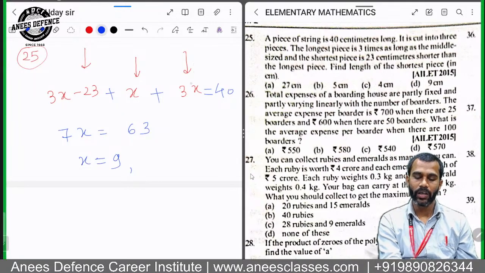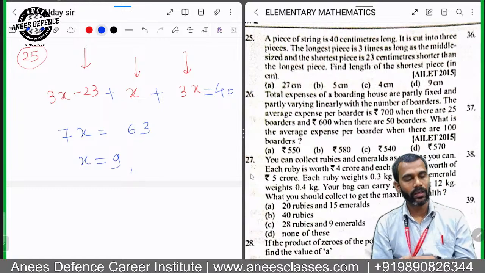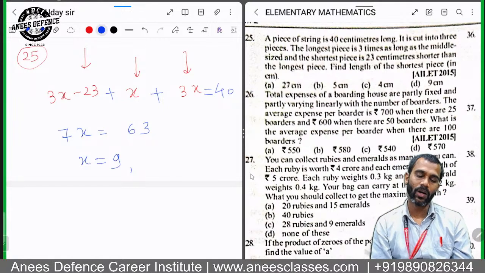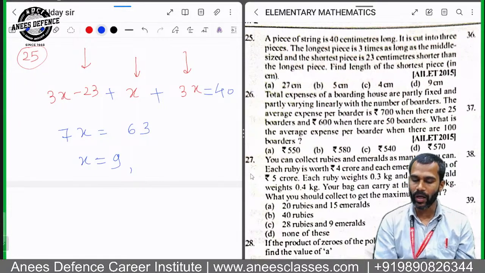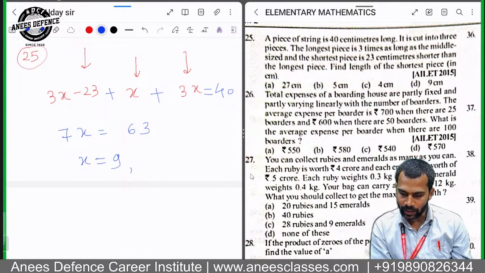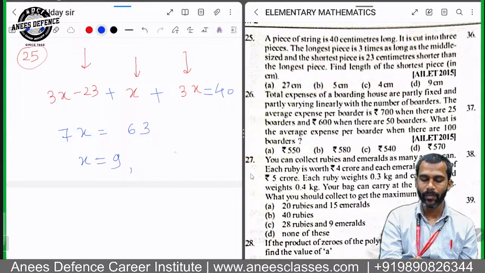So the longest would be 3x and the shortest would be 23 less than the longest one. So 3x minus 23 plus x plus 3x is equal to 40. So x is equal to 9. To find the length of the shortest piece, 27 minus 23, that is 4. The answer is 4.